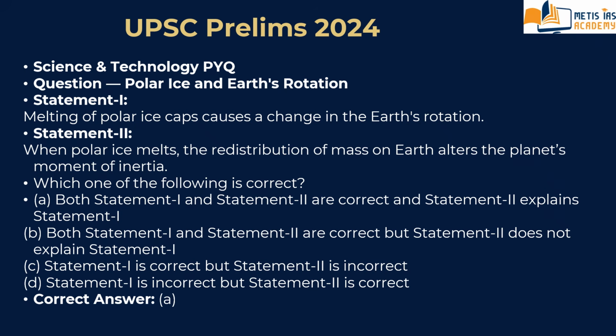Polar ice and Earth's rotation: melting of polar ice caps causes a change in the Earth's rotation. Please focus on this concept. When polar ice melts, the redistribution of mass on Earth alters the planet's moment of inertia. So statement 2 is explaining statement 1.